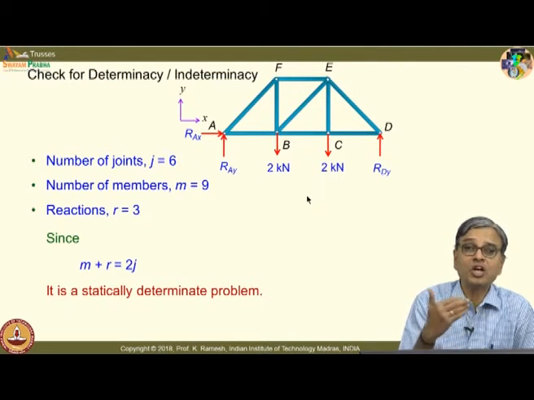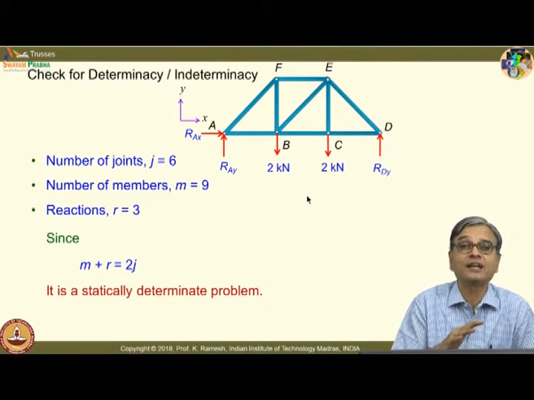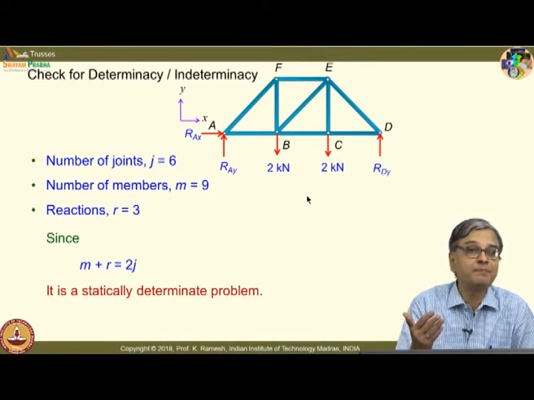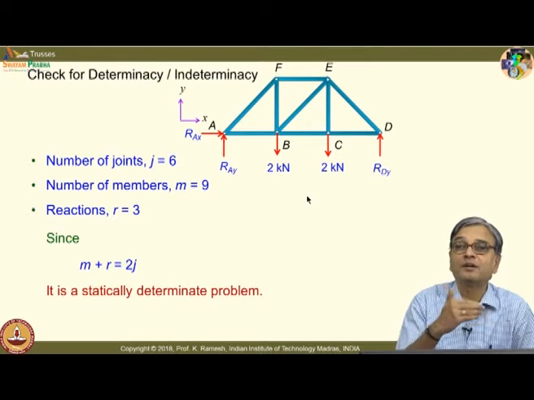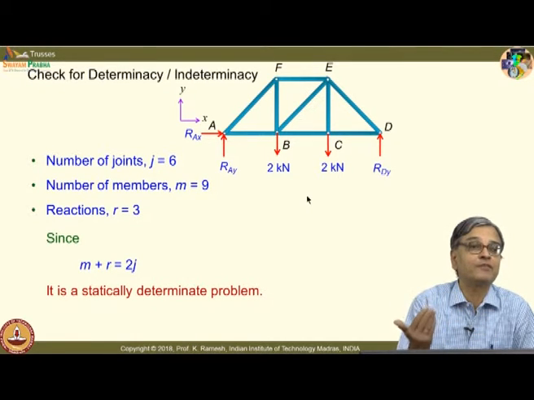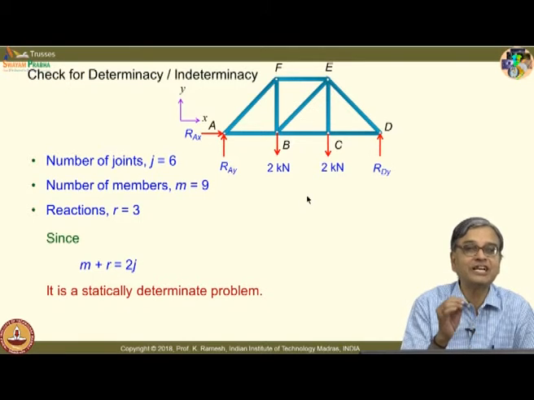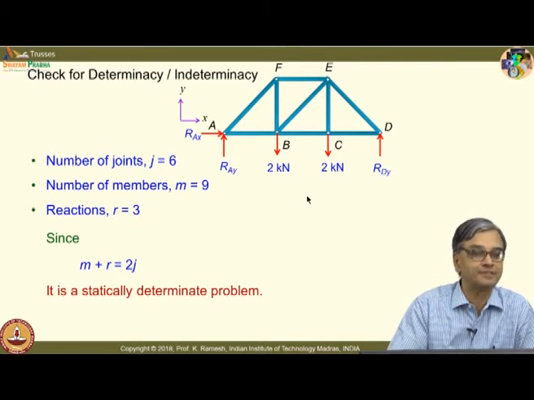If both the supports are hinged, then you have a difficulty because I have 4 unknowns. And if I have cross braced members, then the number of members and number of equations will not be sufficient for you to solve. Number of unknowns will be more, then it becomes statically indeterminate. So, it is better for every truss when you solve them initially, check for determinacy and indeterminacy.